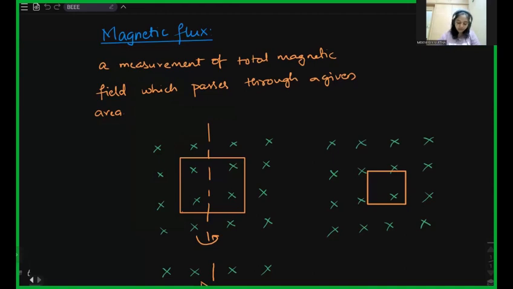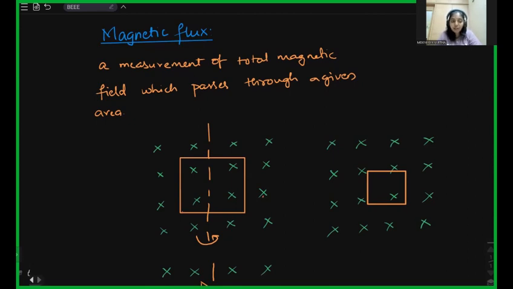In this diagram, the field lines are going into the surface, and the area we took is a square area, and there are four field lines going into the square area. So what if I want to reduce my magnetic flux, or reduce the number of field lines going into a square area?